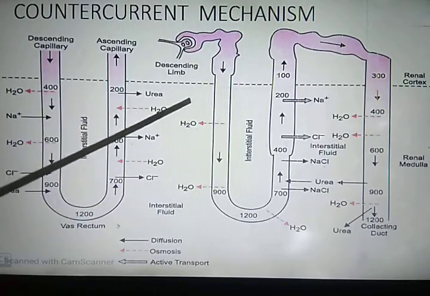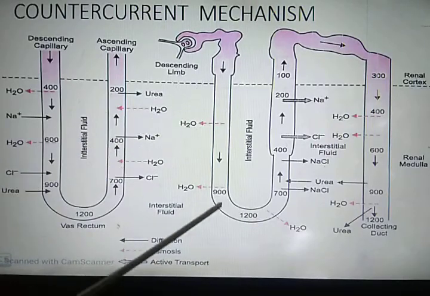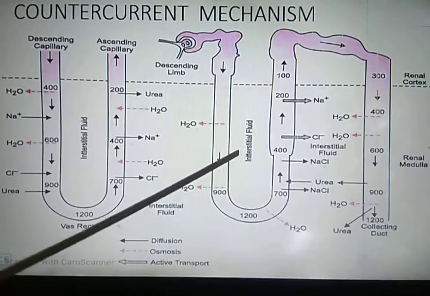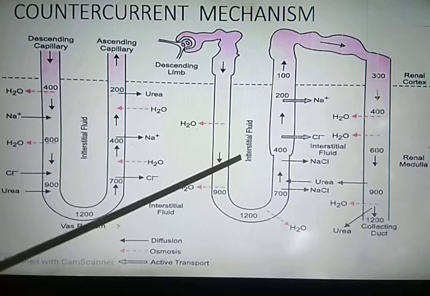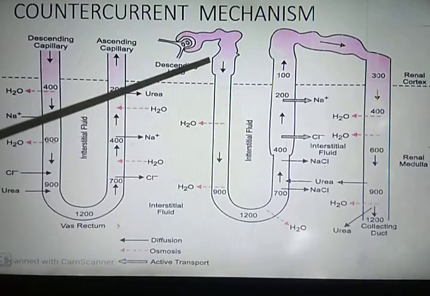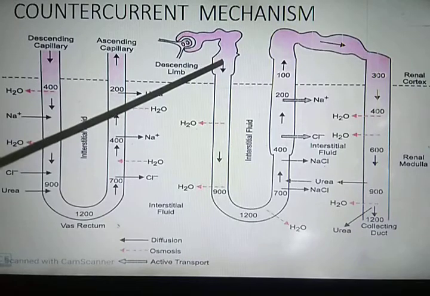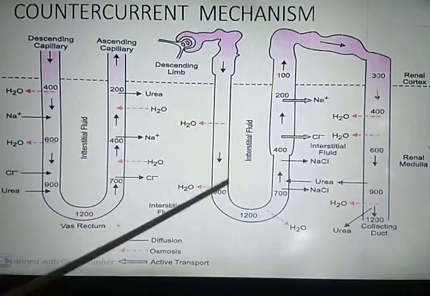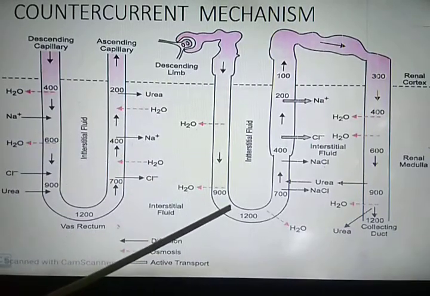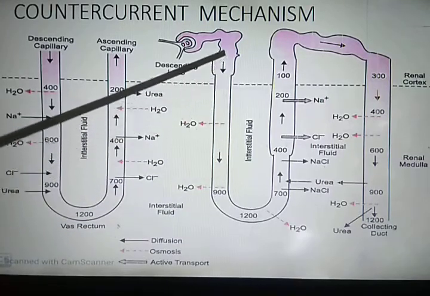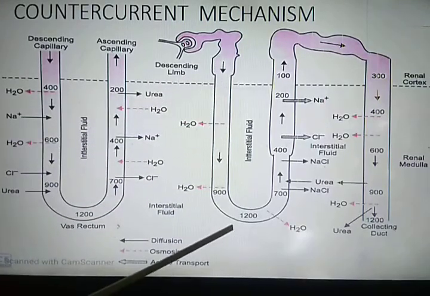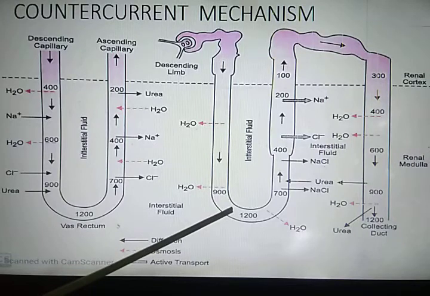These nephrons are surrounded by a fluid known as the interstitial fluid. So the flow of filtrate in the descending limb is from the cortex zone towards the medulla zone, and when we move from the cortex towards the medulla, the osmolarity of the fluid increases.